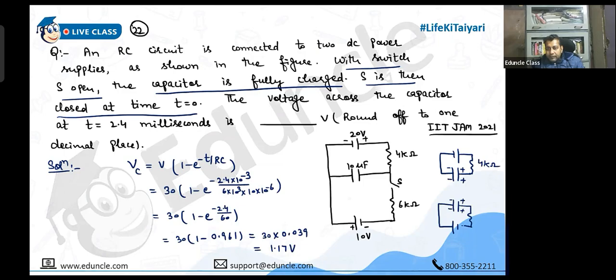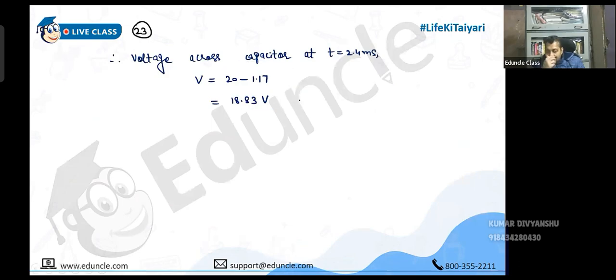So now this battery will charge this capacitor in the opposite direction, which will actually discharge it. That is the reason I have calculated the charge deposited on this capacitor by this battery. And earlier it was charged to 20 volt. Because this charge is of opposite nature, I have subtracted this voltage from the earlier voltage to get the answer. Clear?